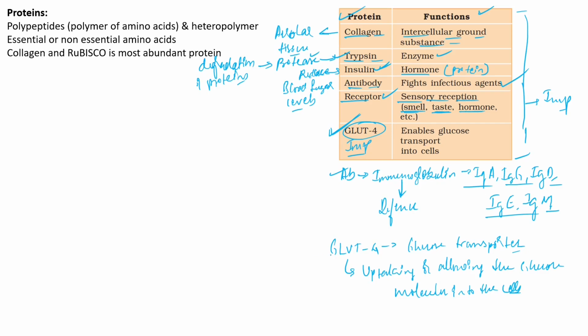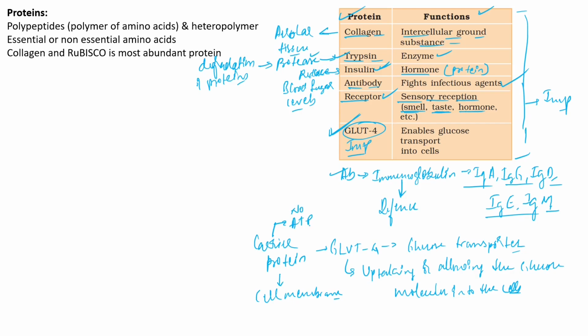And remember, GLUT4 is a carrier protein, and as we all know, carrier proteins are mainly present in the cell membrane. Also, if I recall some important points about carrier proteins, they are mainly involved in facilitated diffusion, and carrier proteins do not require ATP.